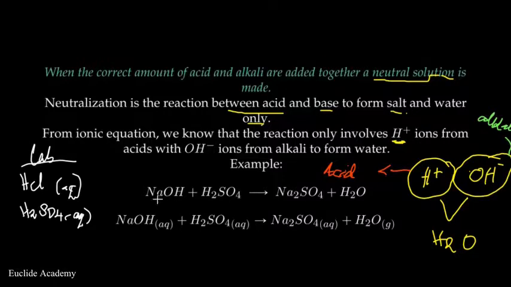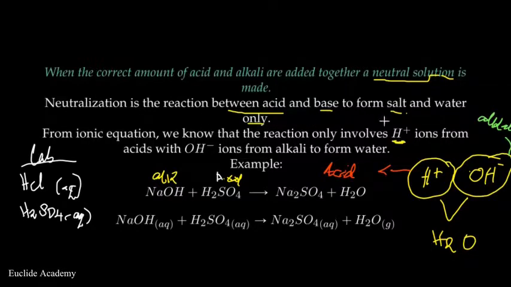We know that when sodium hydroxide reacts with hydrogen sulfate, this is an acid, and sodium hydroxide is an alkali. So we have an alkali reacting with an acid. The reaction between an acid and an alkali is called a neutralization reaction.